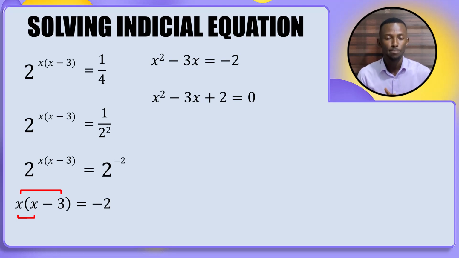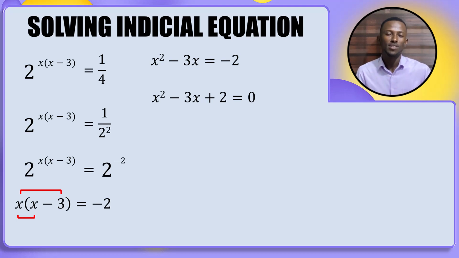Let me repeat that step. You are going to look for two factors of the constant, which is 2. Those two factors, if you add them together, you should get negative 3. But if you multiply them, you should get positive 2. What are those 2 numbers? Those 2 numbers are obviously negative 1 and negative 2.